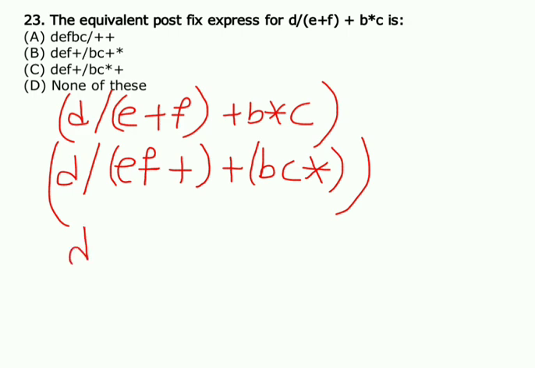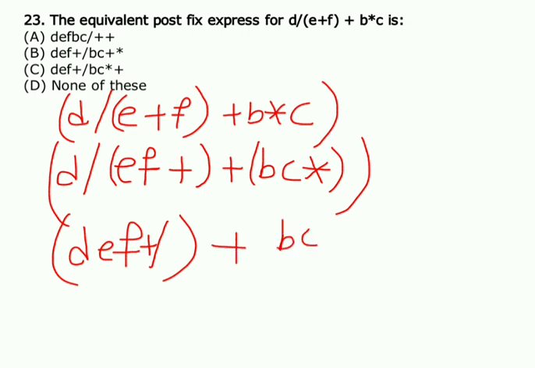So now, first of all we have to take the operands and then the operators. So D E F plus divided by, then B C into. So we will get the operator here outer. First the two operands will be considered and then the operator.